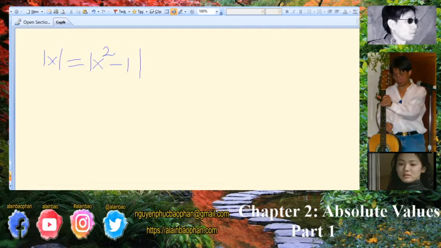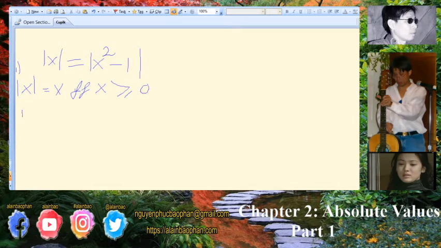Okay, so absolute of x we know is absolute of x. First of all, we have the first case: absolute of x equals x if x is greater than or equal to 0.